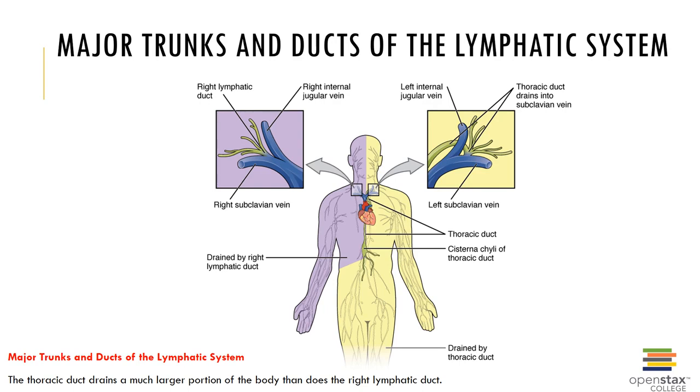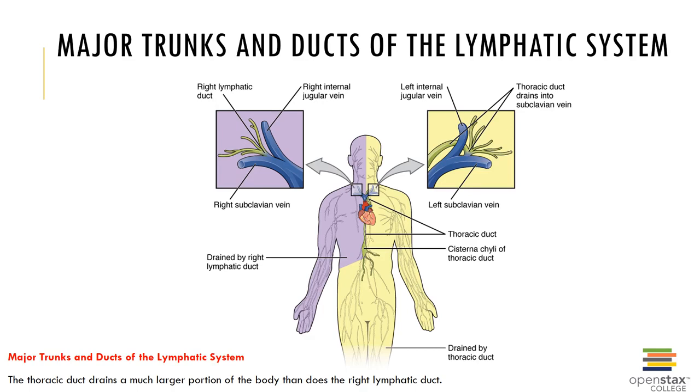The right lymphatic duct drains the right side of the head, the right arm, right shoulder, and right side of the thoracic cavity, as noted in the figure.